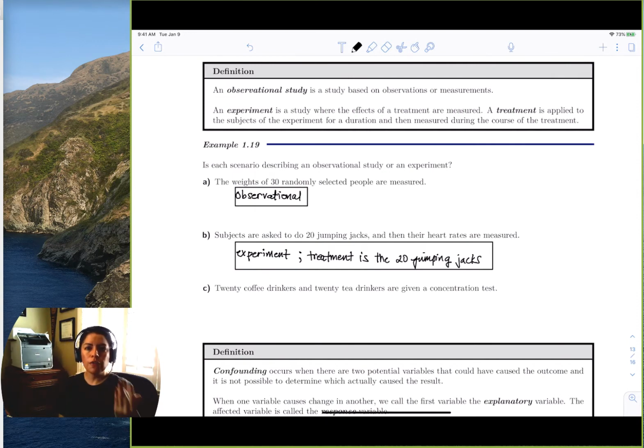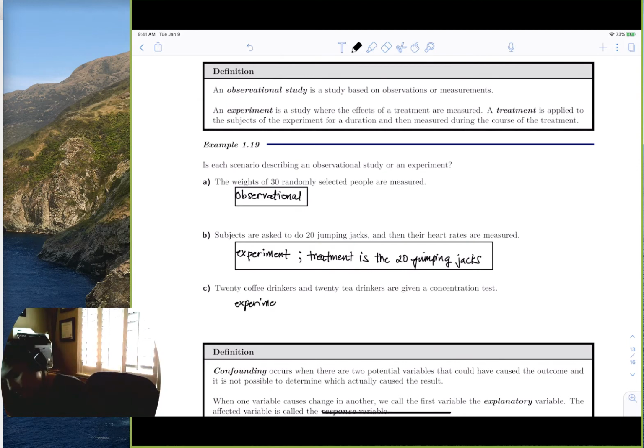Whatever the intent of your research is isn't implied here, but we are taking specifically two types of drinkers, tea and coffee, and we're applying something to them, right? We're making them do something first, and that would be taking the test. So this would be an experiment, and the treatment is taking a test.